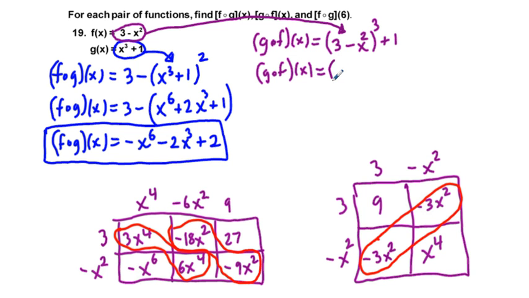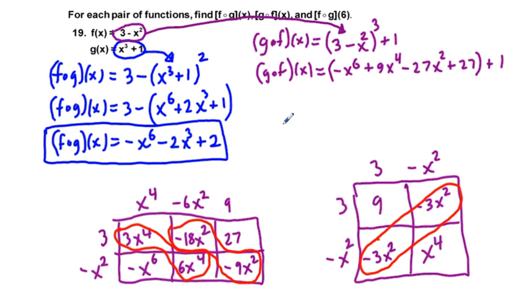We have, I'm just going to put them all in parentheses, negative x to the sixth. We have 6 plus 3 is going to be 9, plus 9x to the fourth. And then we have negative 18 and negative 9, so we're going to have minus 27x squared. And then finally we have plus 27. And then we have this 1 left over.